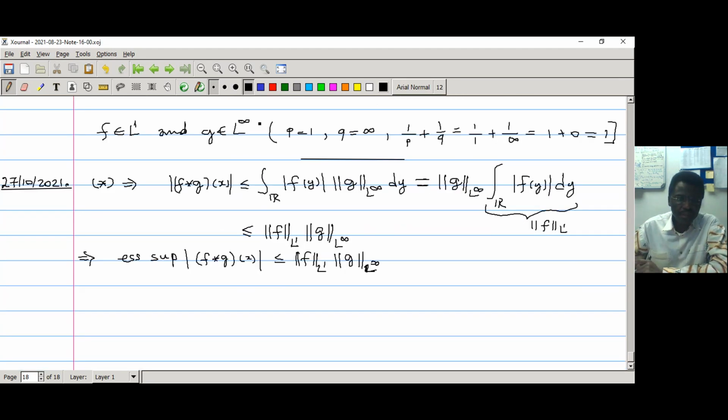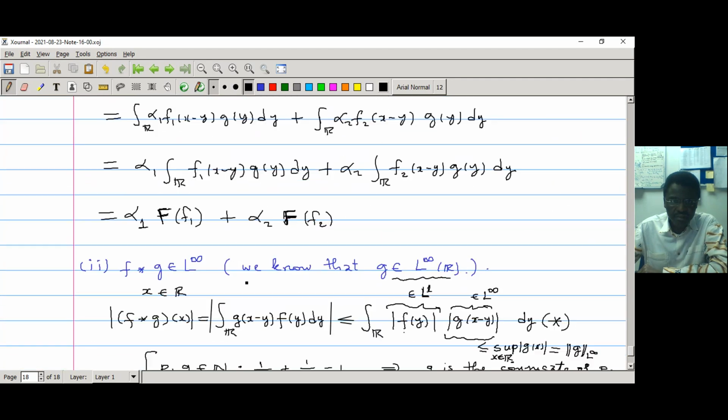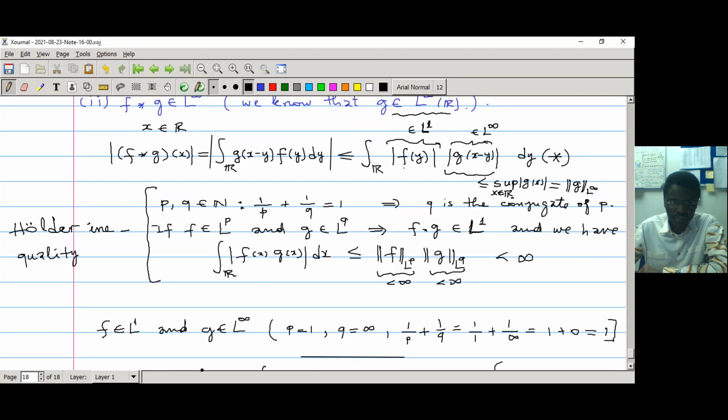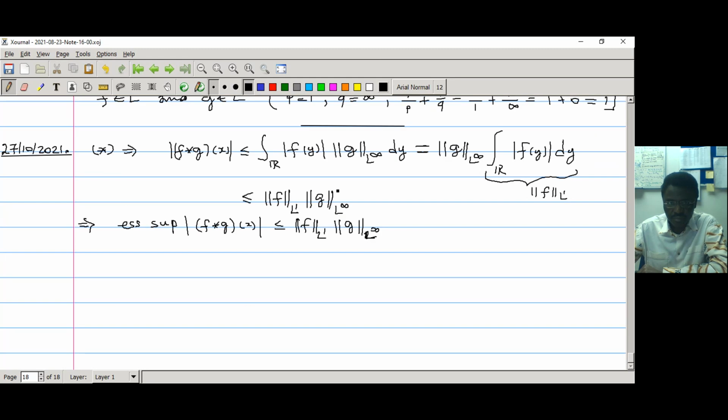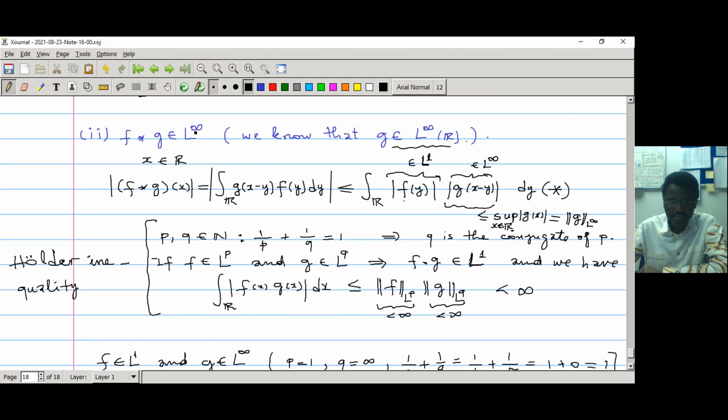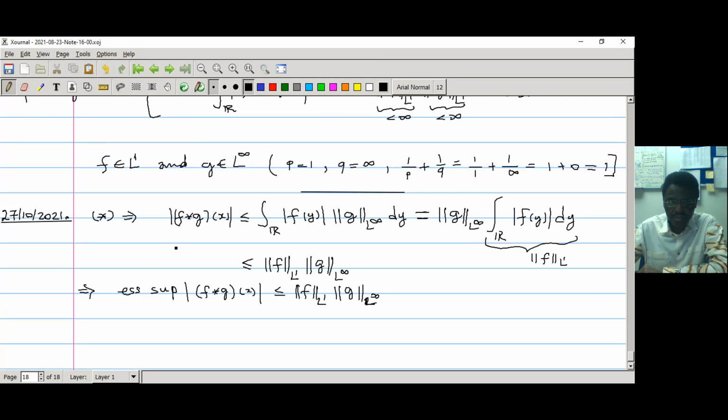So what does this imply? We have two results at the same time. We have this result, right? That's what this means. That what is here inside belongs to L infinity. Why? Because this is finite, right?